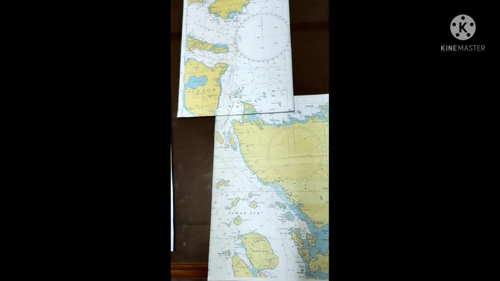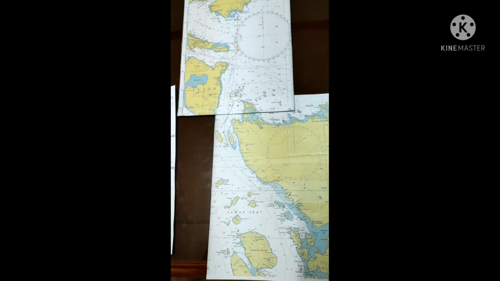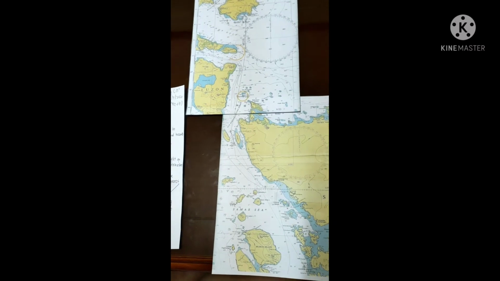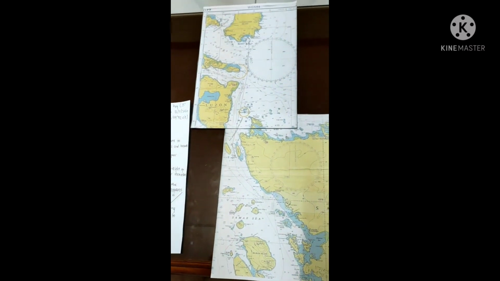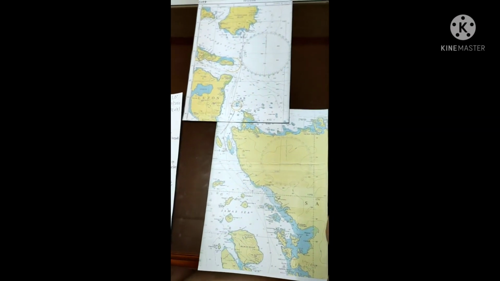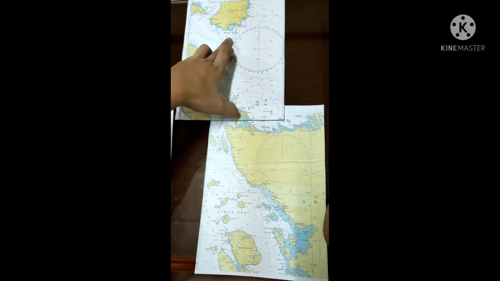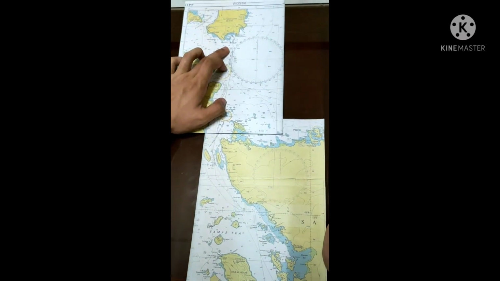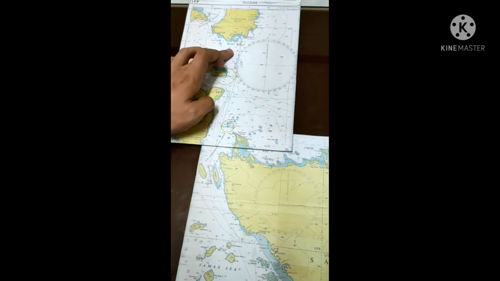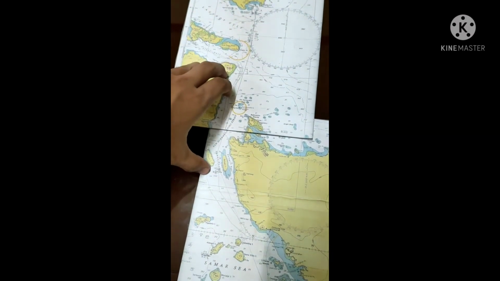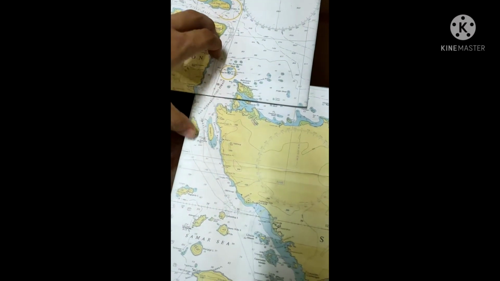The second problem to perform and demonstrate is to use terrestrial charted objects as stern bearing for the course alteration. The first one is the Virac Bank or wreck, and the second is the Diamante Rock.